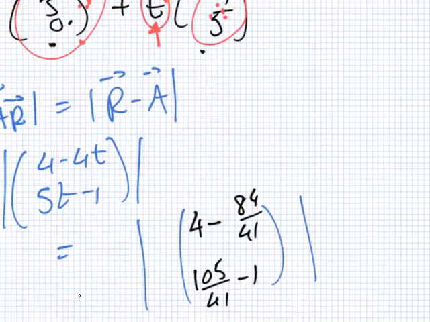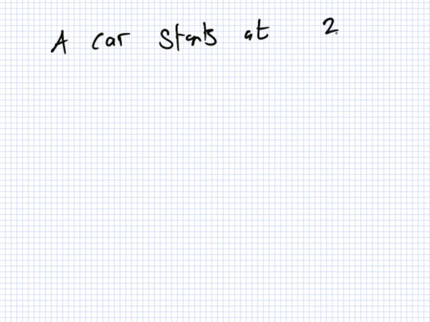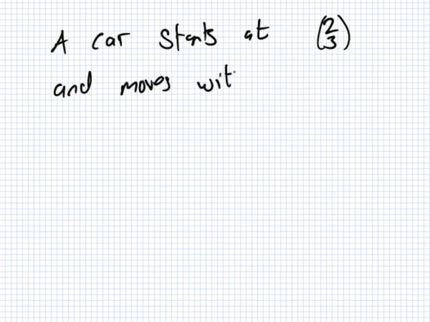So, in other words, I could make the question a little bit trickier by telling you a car starts at 2, 3 and moves with, let's say, a velocity of 1, 2 meters per second. So what would be its position at time t?